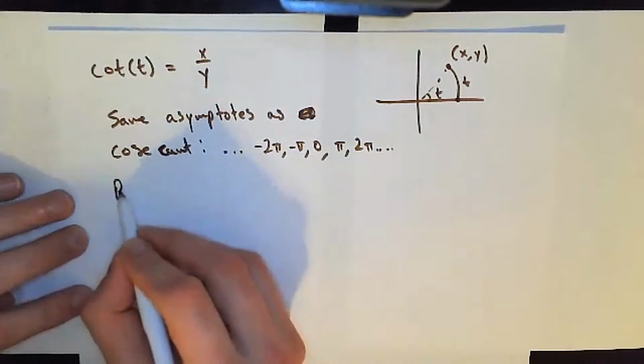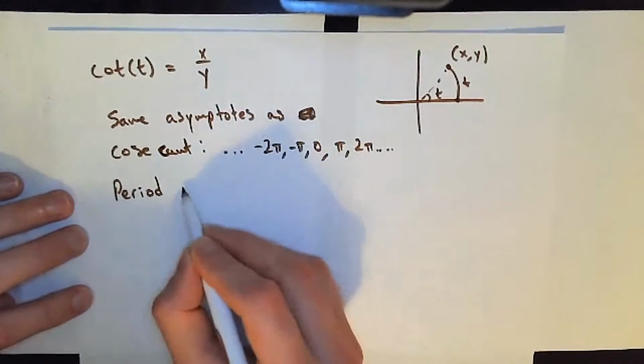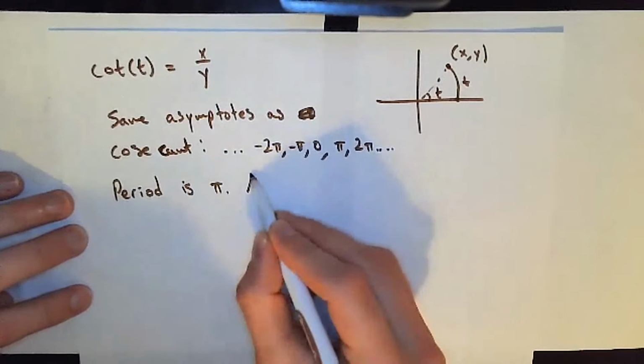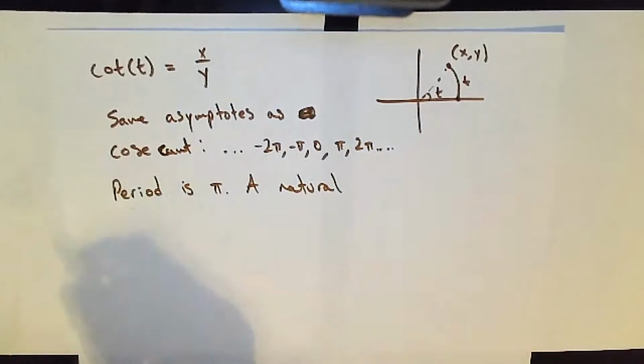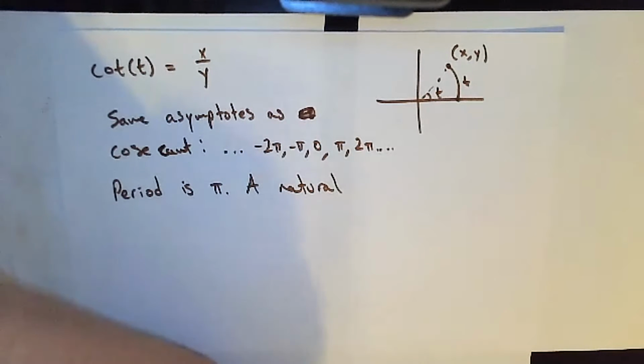Cotangent's going to have the same period as tangent, so the period is pi, and a natural interval will be just 0 to pi. No, wait. Hang on. Am I going crazy? One second. I need to check something.